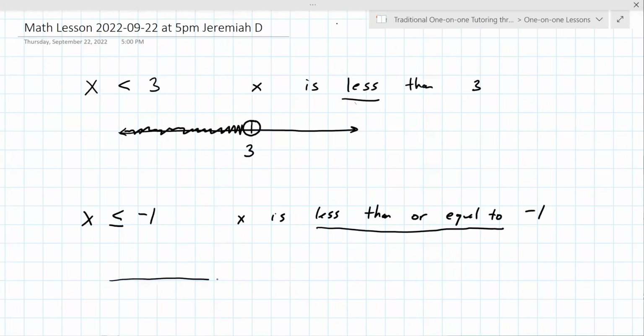Again, in terms of your number line, you just go right to that point. They usually put 0 in the middle, but really it doesn't matter. Because it's less than or equal to, this time it's filled in at that point. So filled in dot, and then you're shading everything to the left of that.